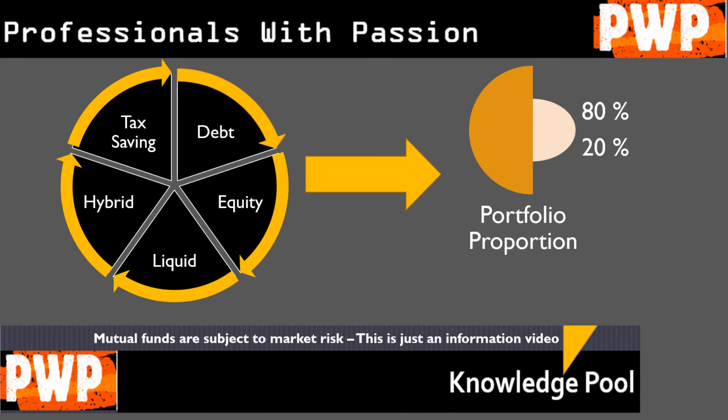We will get one certificate, which can be useful for claiming tax exemption. So these are the different types of funds, and based on market analysis and deep analysis, we need to go for the funds.